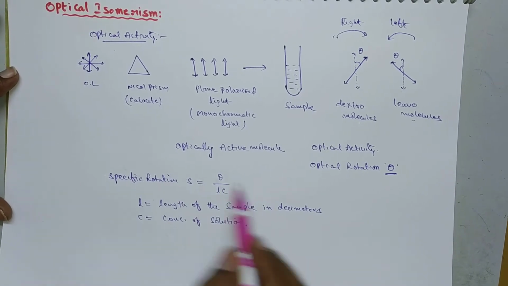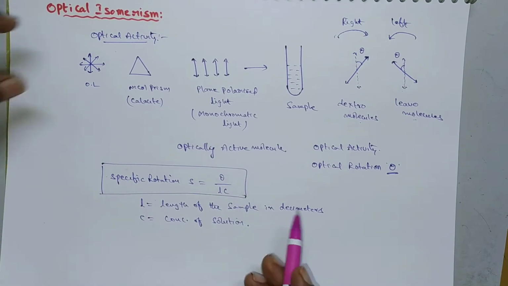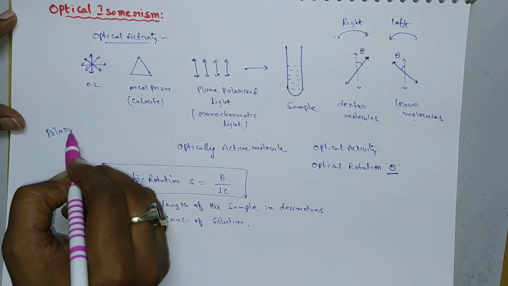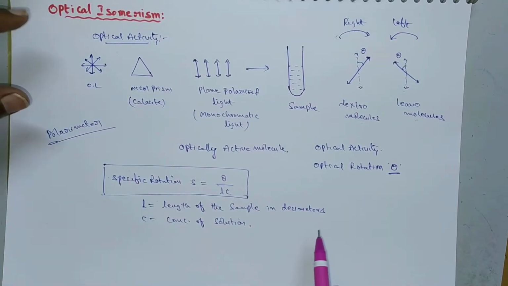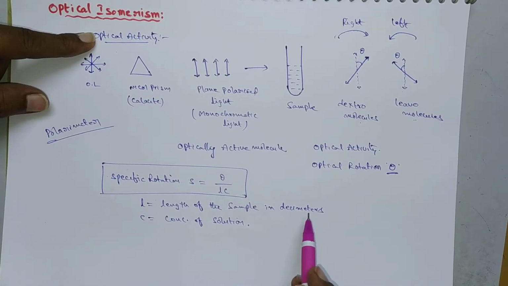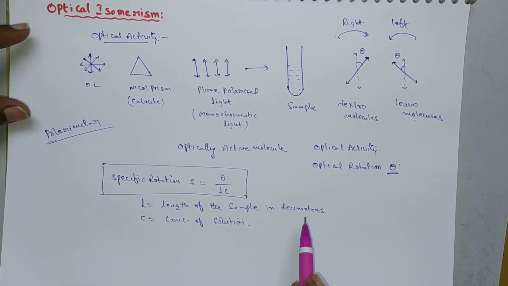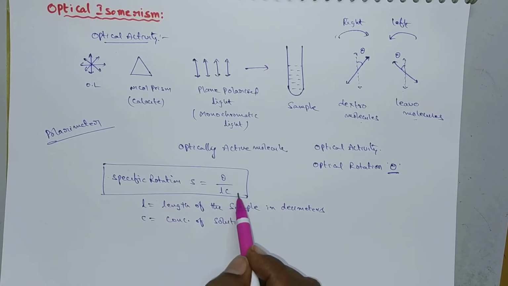By using this formula we can calculate the specific rotation of any molecule. The entire set of apparatus is called a polarimeter. In this polarimeter we can determine whether the molecule is optically active or optically inactive.